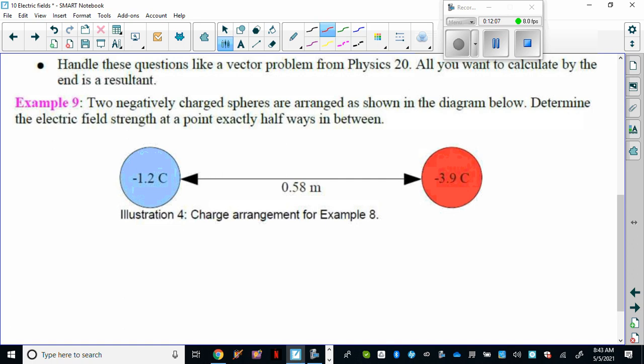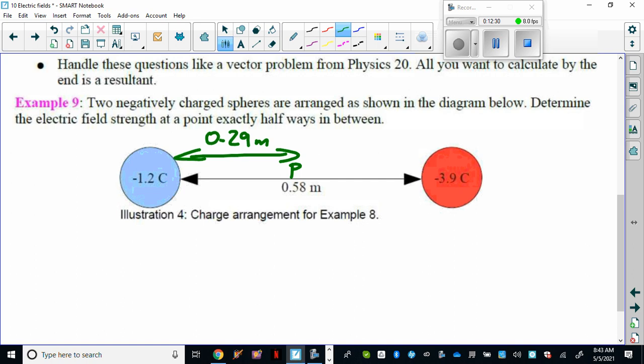So you see P a lot. P, exactly halfway. So exactly halfway would be half of 0.58, which would be, what would that be? So halfway is going to be 0.29 meters.